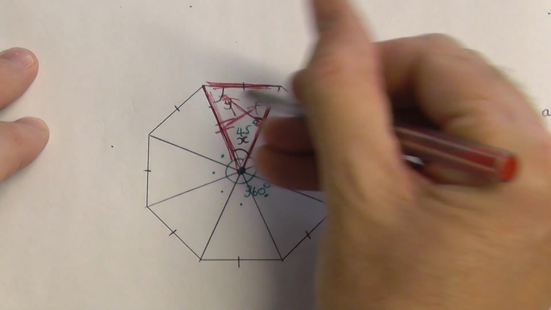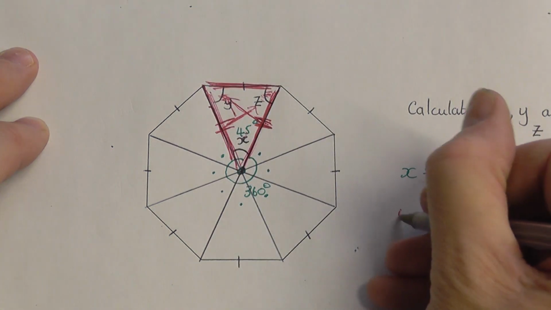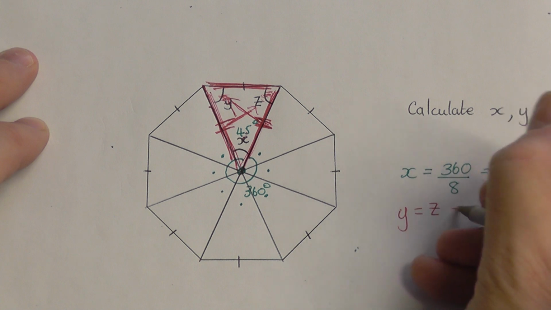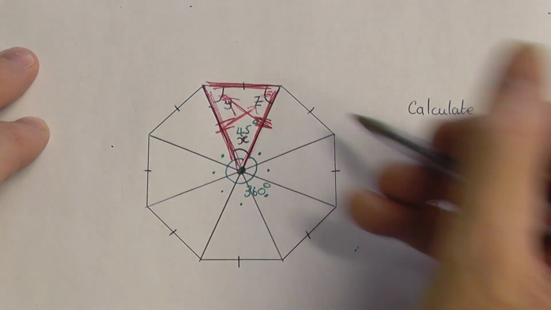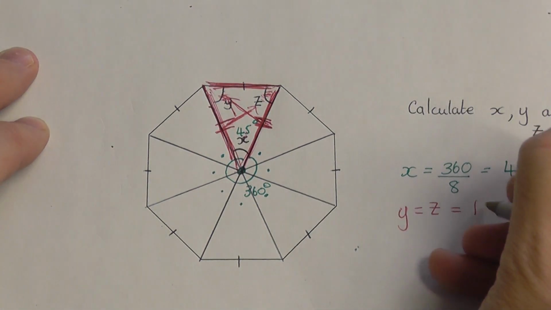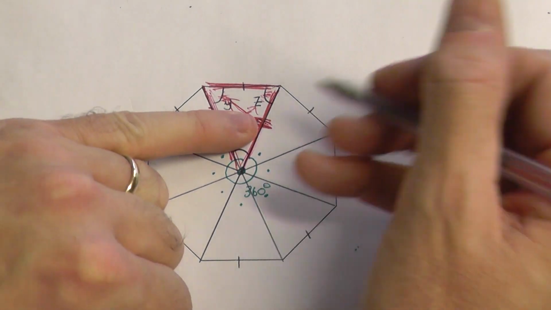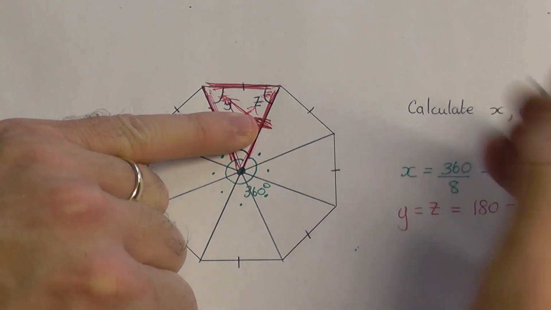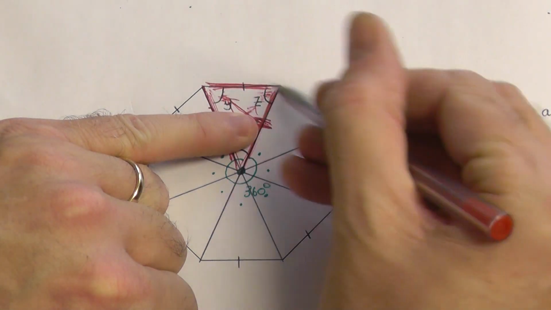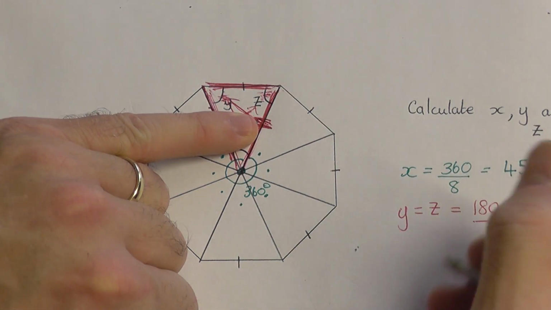So if you want to work out what these two are from a Year 8 technique, I know that Y is going to be equal to Z. They're both the same. So 180 for a triangle. If I take away the 45 in the corner, I'm left with those two, and if they're both the same, share it by 2.